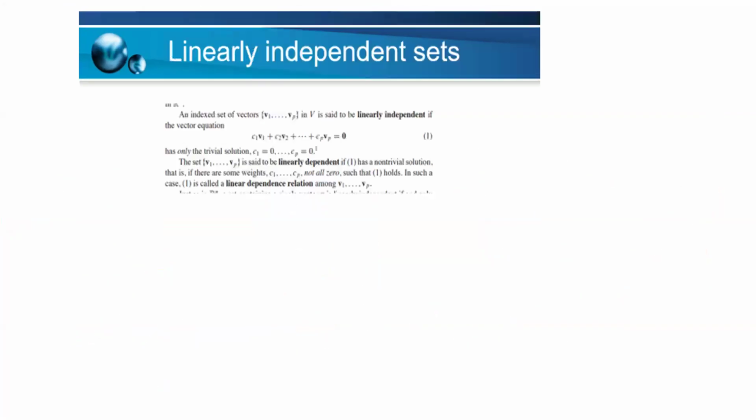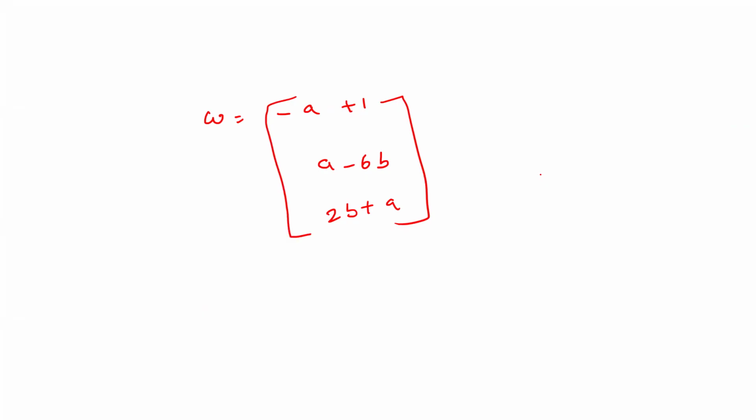So let us take one more example. W is equal to (-A + 1, A - 6B, 2B + A). The question asks whether W is a subspace of R^3. Here, take the zero vector, that is (0, 0, 0).